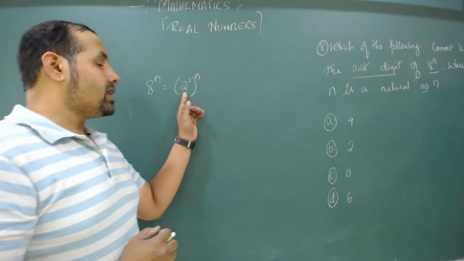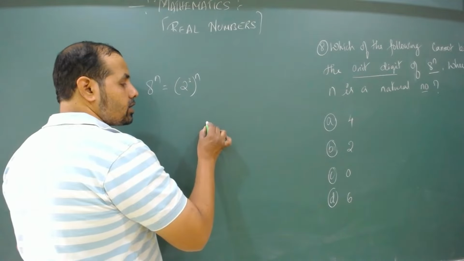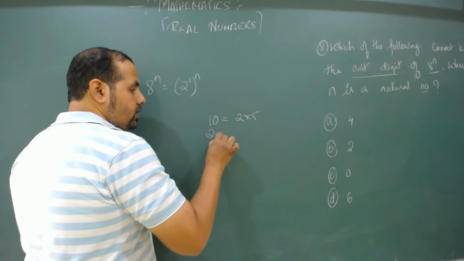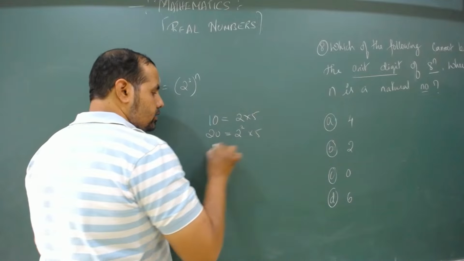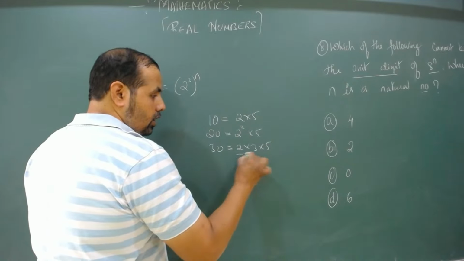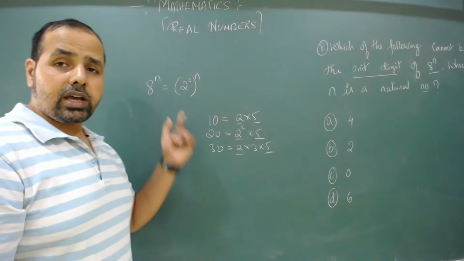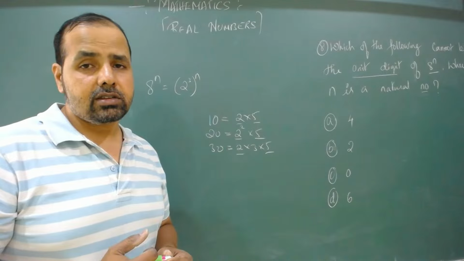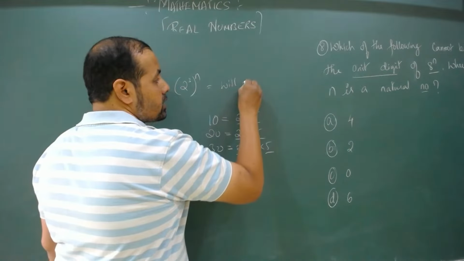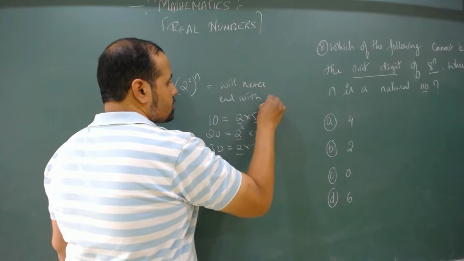Why? Because the prime factorization of 8 is 2 cube. For a number to end with 0, for example 10 is 2 into 5, 20 is 2 square into 5, 30 is 2 into 3 into 5. See, always we get 2 and 5. But 8 has 2 but does not have 5. Therefore, this will never end with 0.